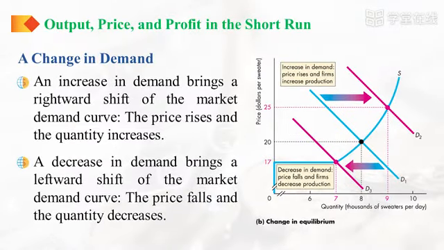Then, when there is a change in demand, for example, some element influences the consumer's preference over the product, now there is an increase in demand. It will bring a rightward shift of the market demand curve, right?